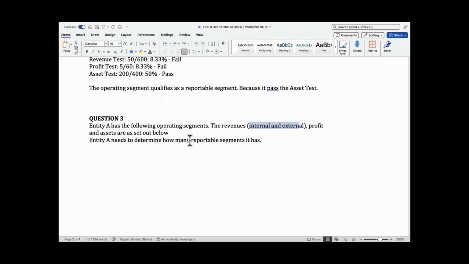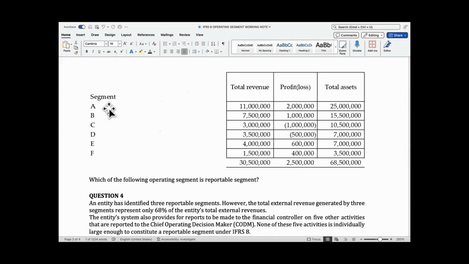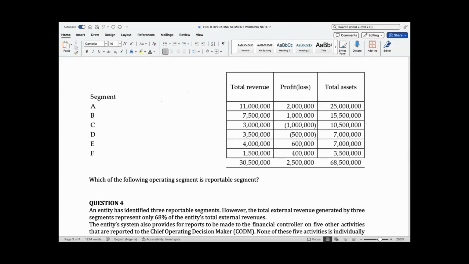Entity A needs to determine how many reportable segments it has. So they give us the segments and total revenue, profit, assets, and all of that. Now say which of the following operating segments are reportable segments. So let's start from operating segment A.